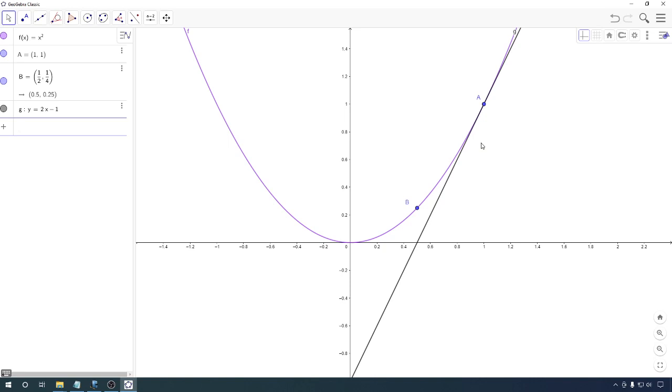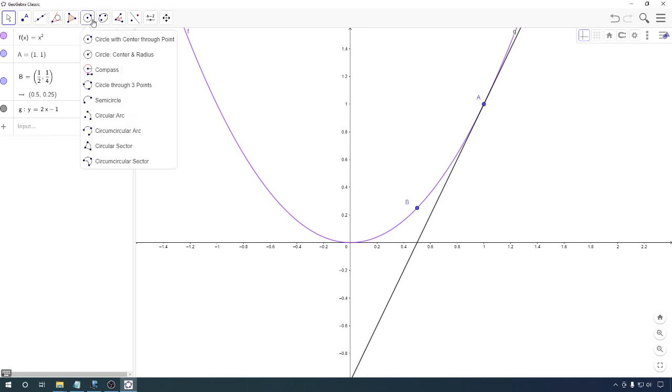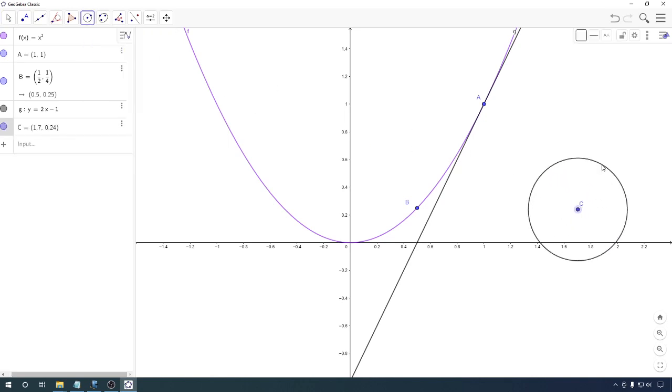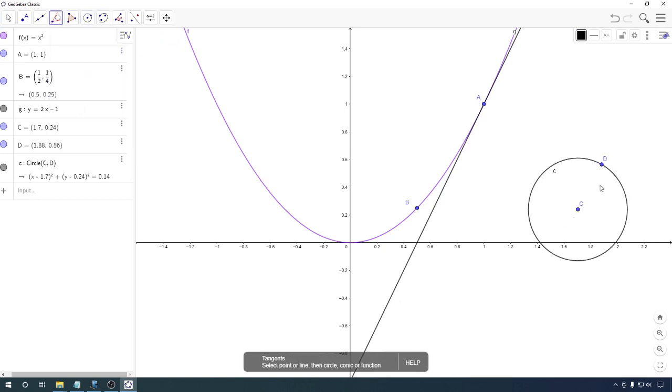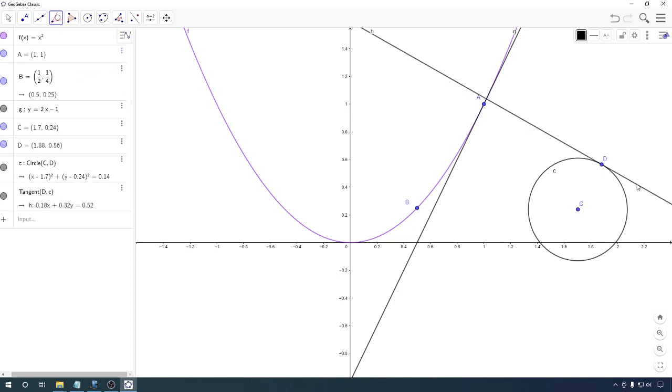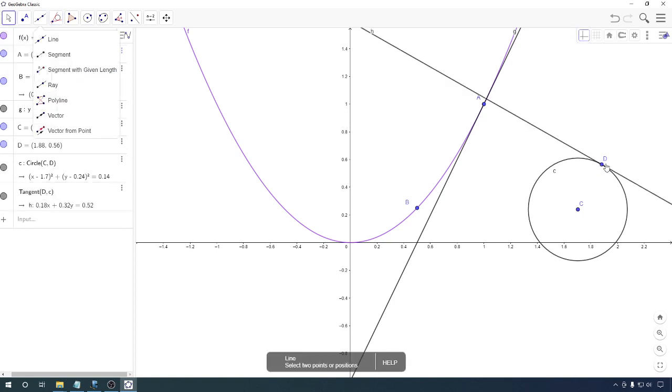We call such a line a tangent line to the curve at that point. And you might have heard of tangent lines before. You might have seen them in a geometry class where you're dealing with a circle.